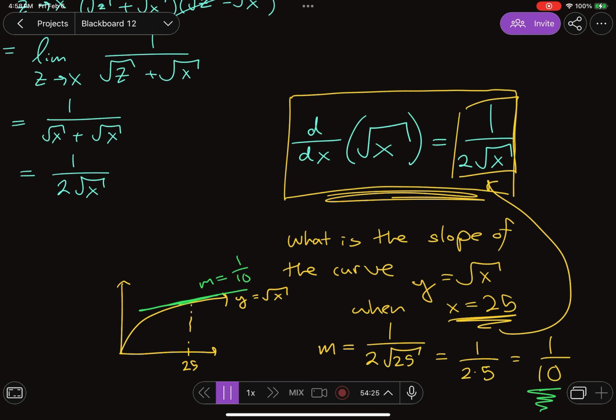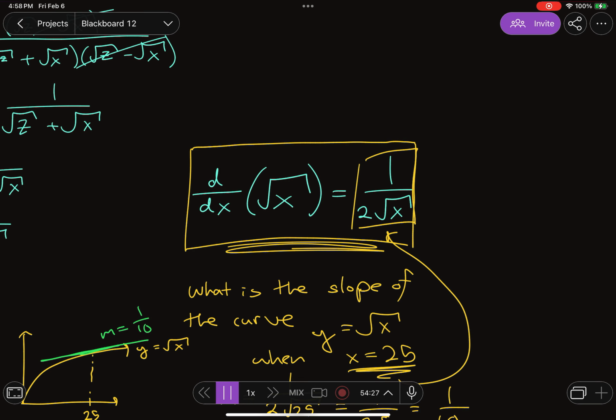One thing I wanted to also quickly point out here is the domain of the original function was all non-negative real numbers. Notice that the square root can only take non-negative numbers, whereas the domain of f prime is equal to all non-negative numbers, but we also, in this case, have to make sure x is not 0.